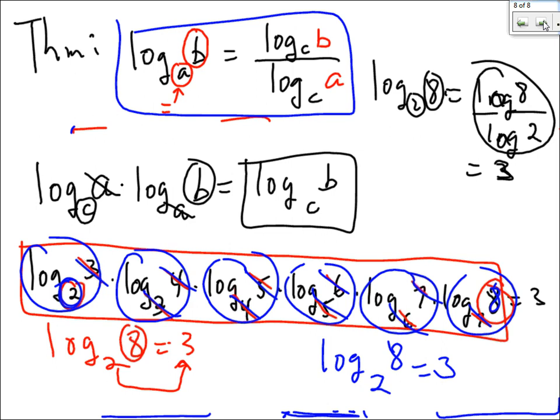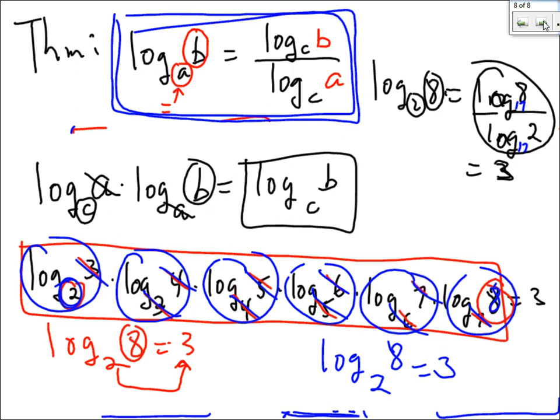If you had a calculator that did log base 17, well, log base 17 of 8 divided by log base 17 of 2 is also 3. It doesn't matter what base you use. That's what this theorem is telling you. And we proved it.